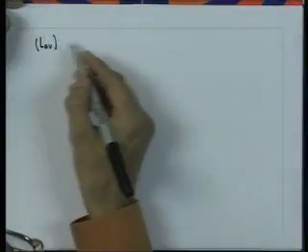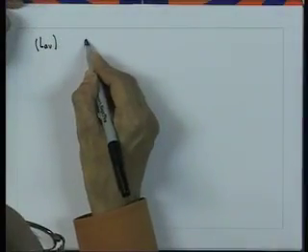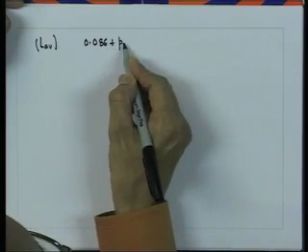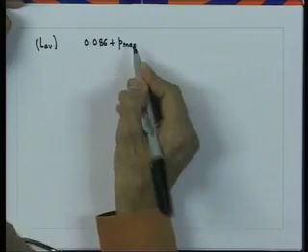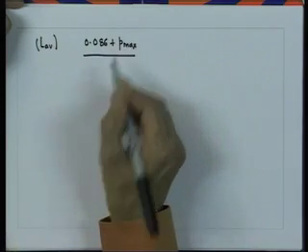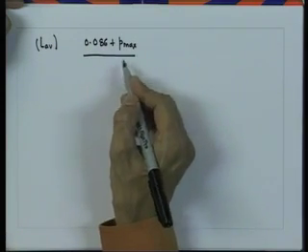Recall that for Huffman codes, we are guaranteed to obtain an average code length within 0.086 plus p max of the entropy, where p max is the probability of the most probable letter in the alphabet.